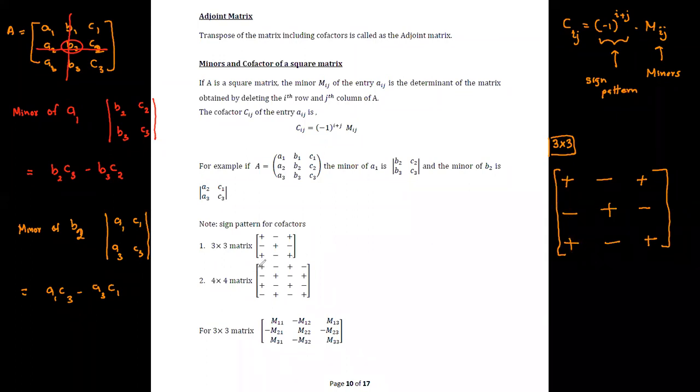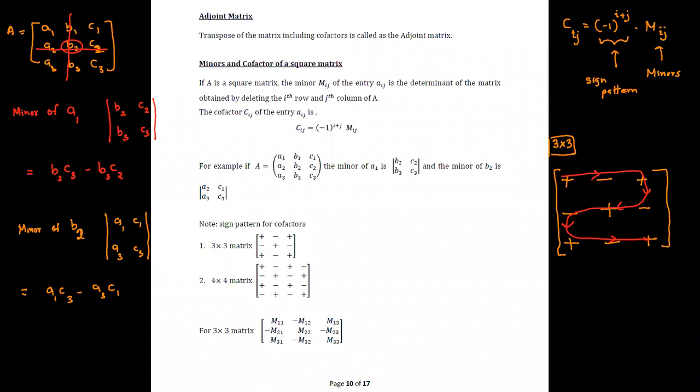Here the same is given for a 4 by 4 matrix as well, but you can be familiar with that. The only thing is starting from always the opposite sign, and then you go in this way around. Always this pattern is there.